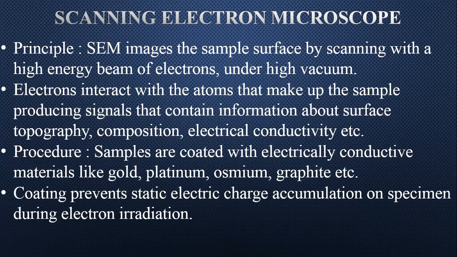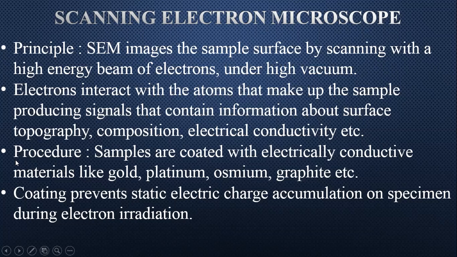The high vacuum is important so that no contaminant enters the system, and that is why the SEM is operated under high vacuum conditions. The electrons interact with the atoms that make up the sample, producing signals that contain information about the surface topography, composition, electrical conductivity, etc.